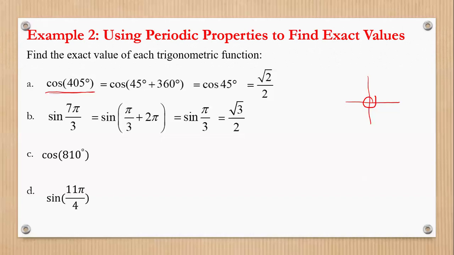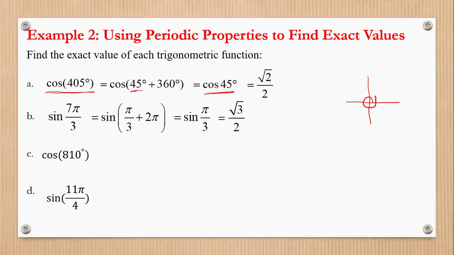So it doesn't matter that we already had one rotation. We can easily remove that part. So if I have 405, I can subtract 360 from 405, and then I get 45 degrees. And I can say the cosine of 405 is exactly the same as the cosine of 45 degrees.